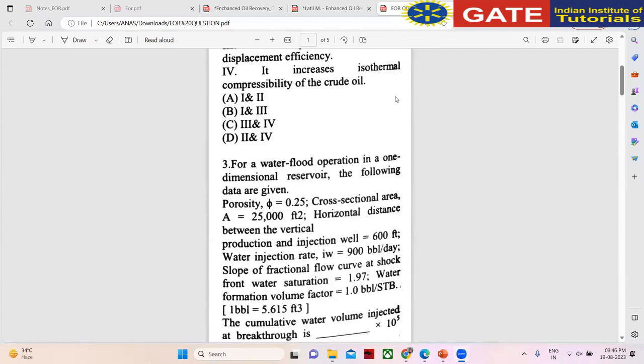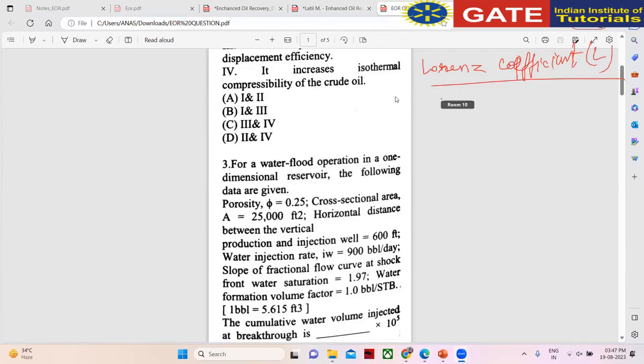So the second method will be the Lorentz coefficient, which is represented by L. Okay.